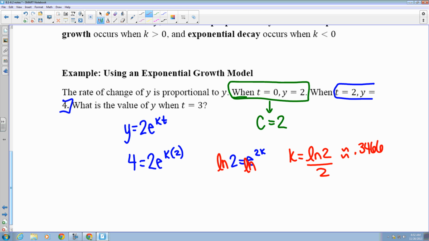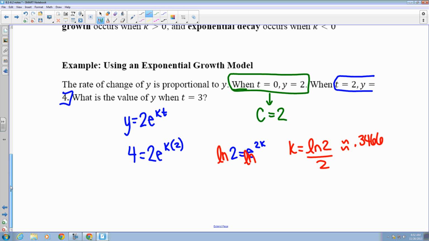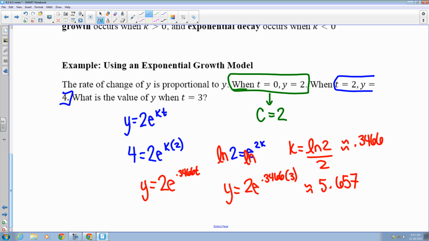Going to 4 decimal places is the best for these. So our function is y equals 2e^(0.3466t). What is the value of y when t is 3? So put 3 in for t. y is approximately 5.657.